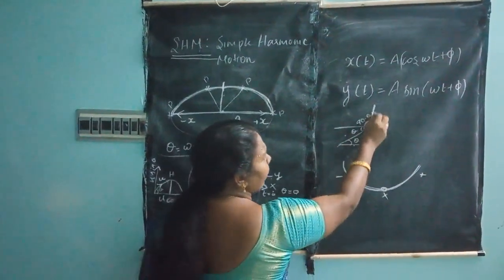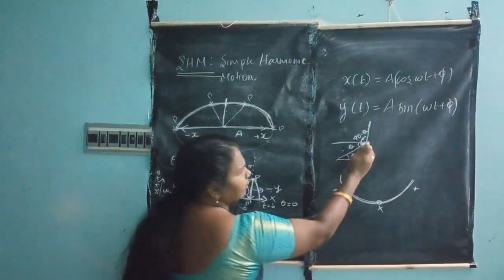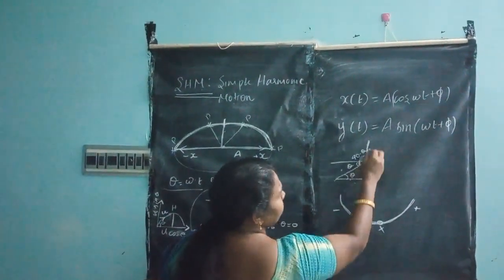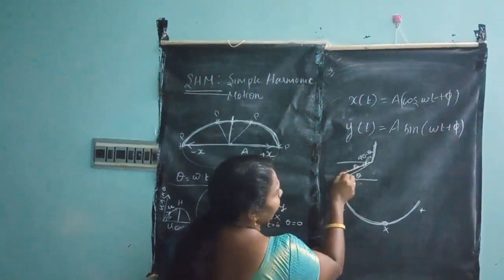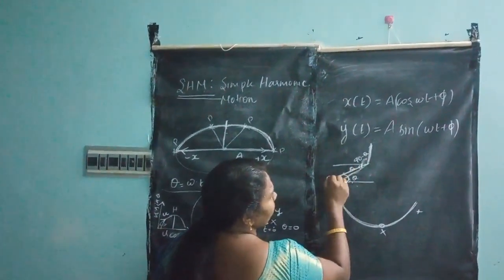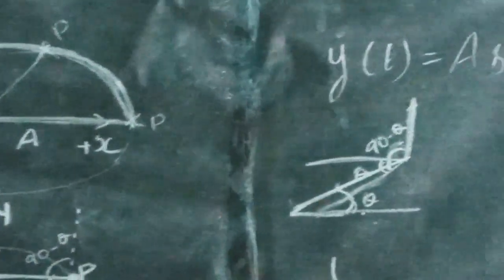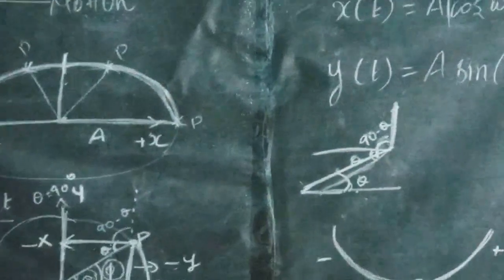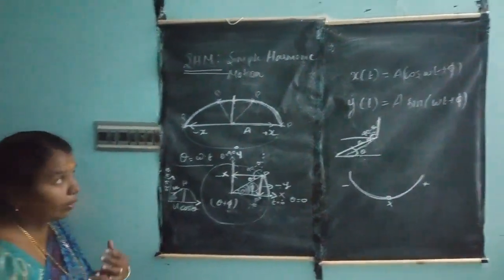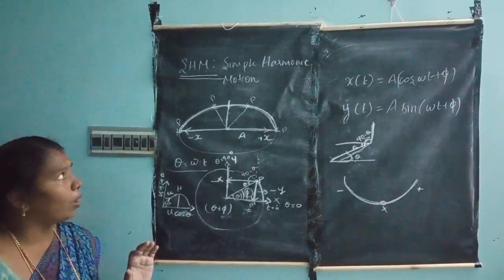When I draw a perpendicular line, what is the remaining angle? 90 minus theta. This is the perpendicular. If this angle is theta, what is this angle? 90 minus theta. So it is an easy way to represent the angles. These and all we are going to discuss in the next classes. What does this mean? What is called simple harmonic motion?